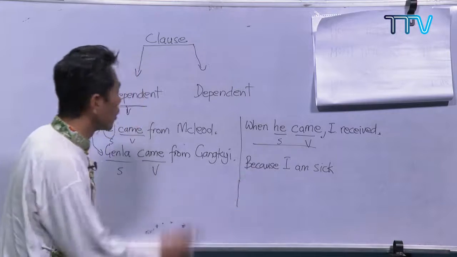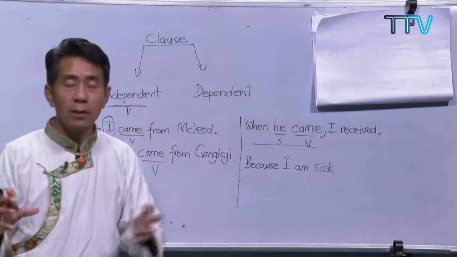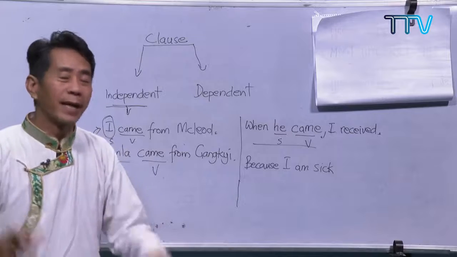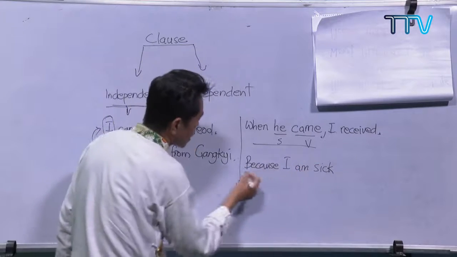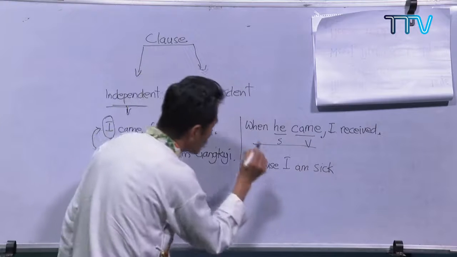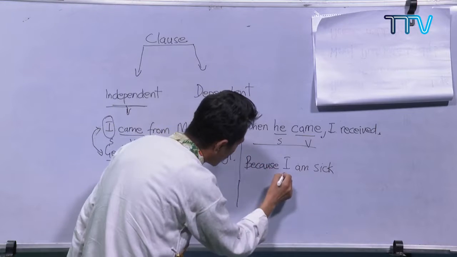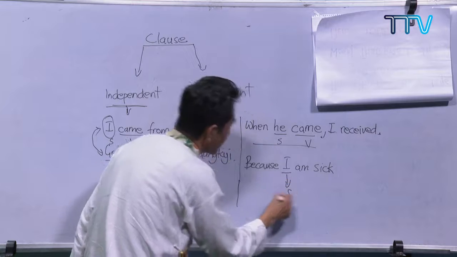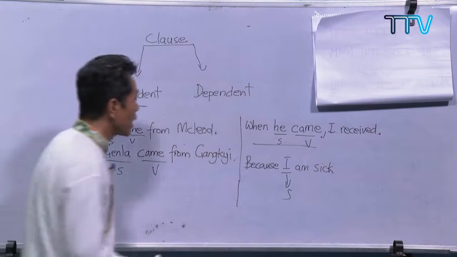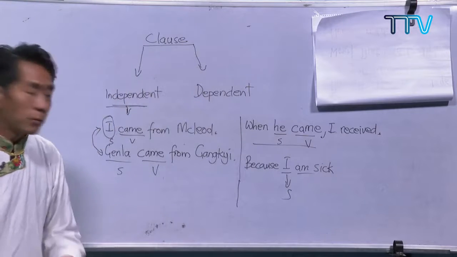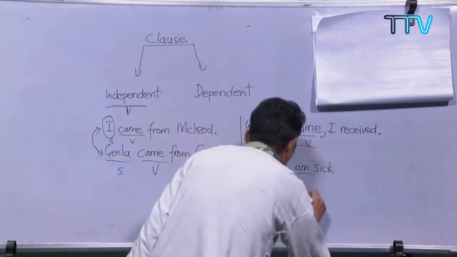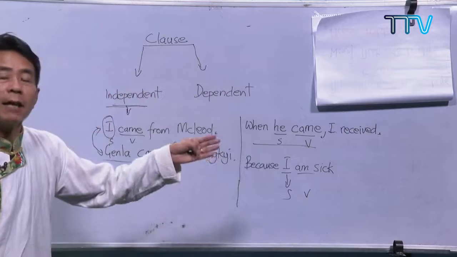Why? Because a clause is a group of words. I'm just repeating all these things again and again. There should be a subject. I is the subject. And I am sick, am, there are different types of verbs. We have got the verb. So, because I am sick.